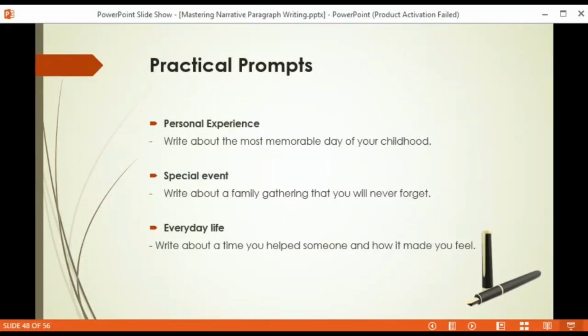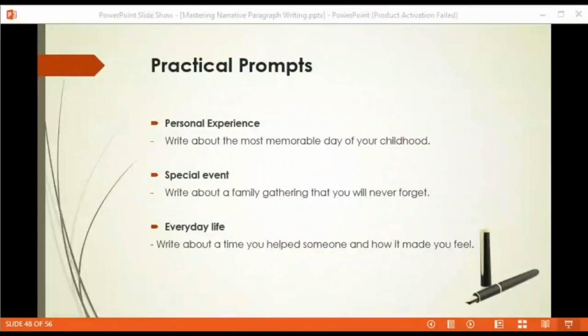Choose one of them and type in the chat box what you chose. Did you choose personal experience, special event, or everyday life?